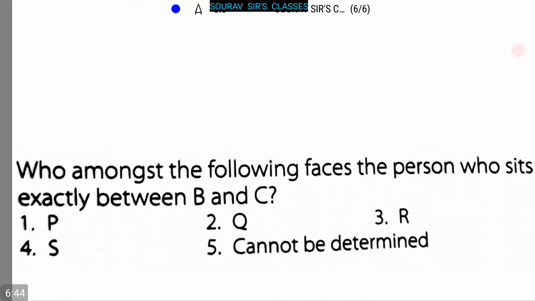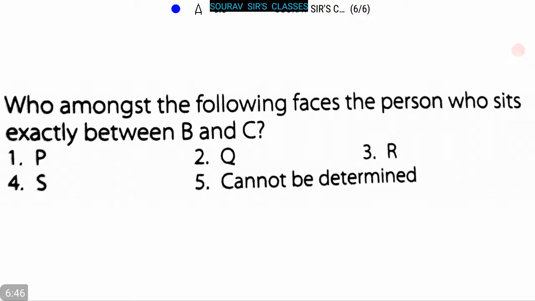This is the last question, and the question is, who amongst the following faces the person who sits exactly between B and C? So at first we have to find out the person who is between B and C, and then we will find out the person who faces that person.